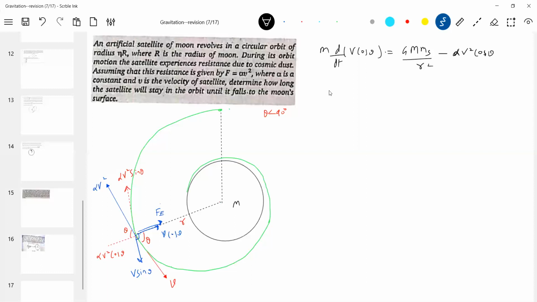The component of viscous drag will be there. This is one equation. Then along the tangential direction, v sin theta.